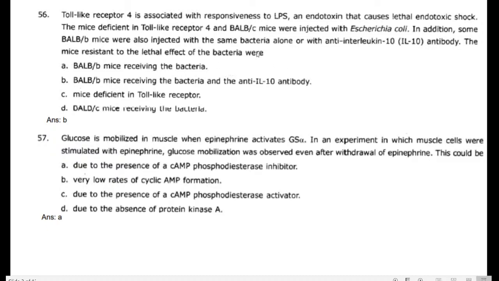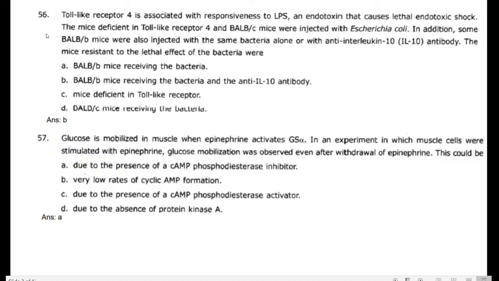Here the first given information is that the toll-like receptor is associated with responsiveness to lipopolysaccharide and endotoxins that cause lethal endotoxic shock. And then they provided the question.